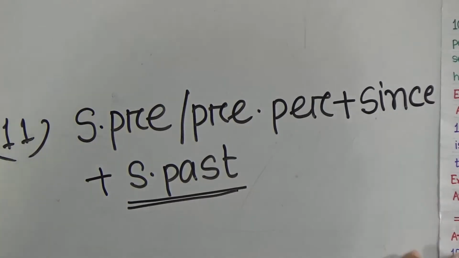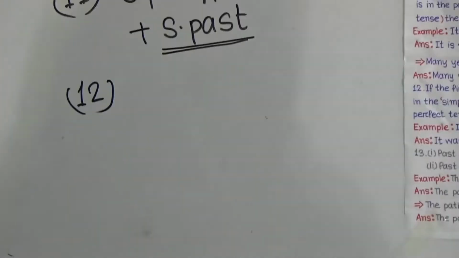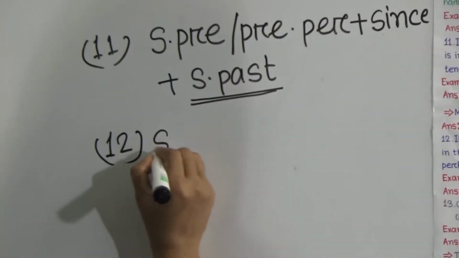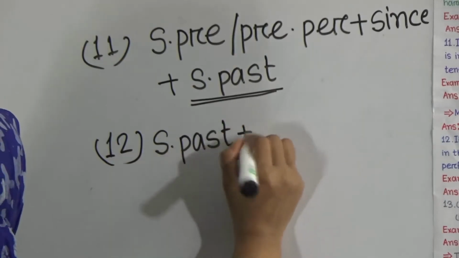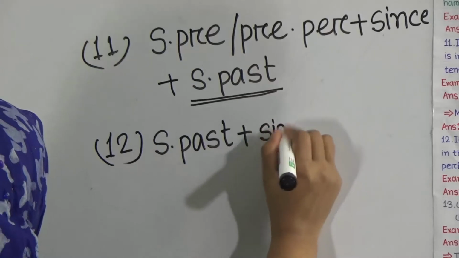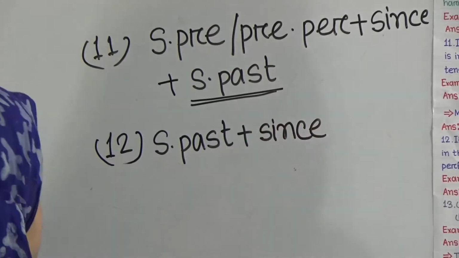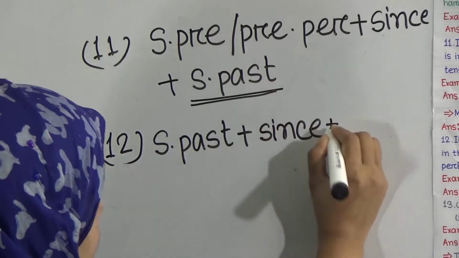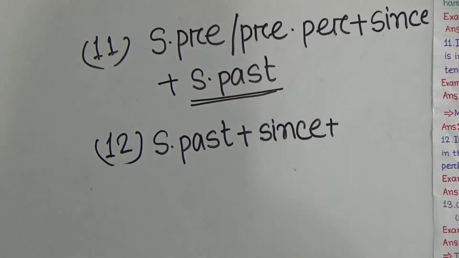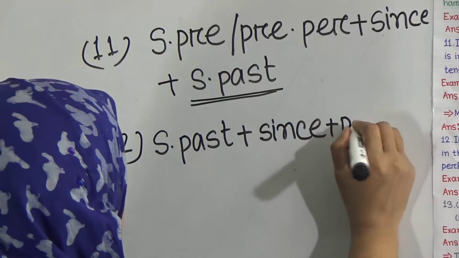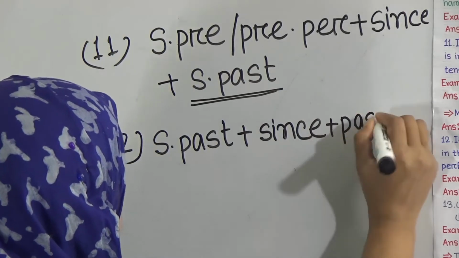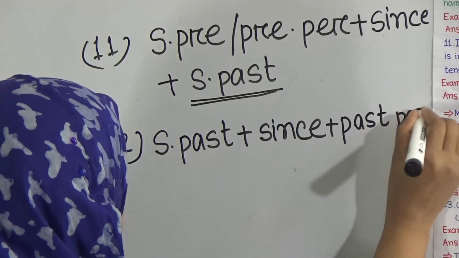And here in number 12 we are saying that if we find simple past tense and if the sentence is with since, then what we have to use in second part? We have to use past perfect.